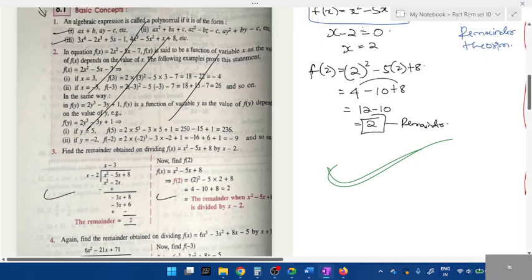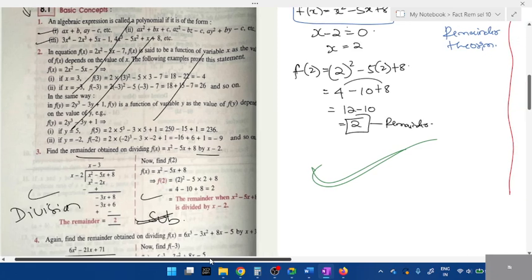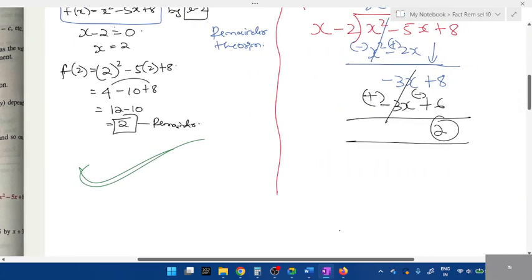Anyways, you won't understand, student. In the textbook, there's no explanation. Okay, just look at the question. So this is division method and this is substitution method. And remember, we mostly use only substitution. Okay, that is the question. Now you all can try this.